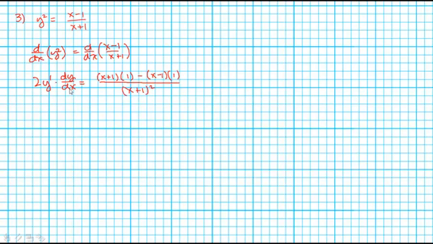Now since the dy/dx is already isolated, we will just divide both sides by 2y, giving us dy/dx is equal to x plus 1 minus x plus 1. See if I did that. Negative x, negative times negative 1 is positive 1. Yep. All over x plus 1 squared.